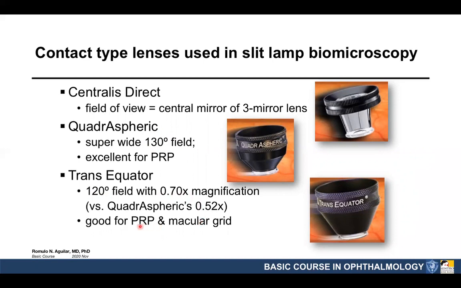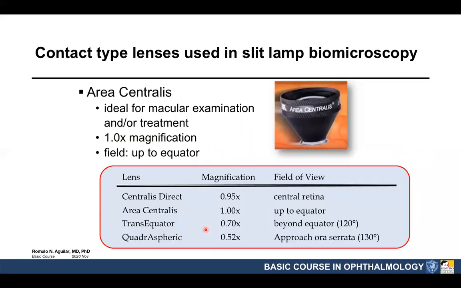Also good for PRP and macular grid lasers. Another lens is the area centralis. Its magnification is good and is excellent for macular examination or treatment. The field is up to the equator.